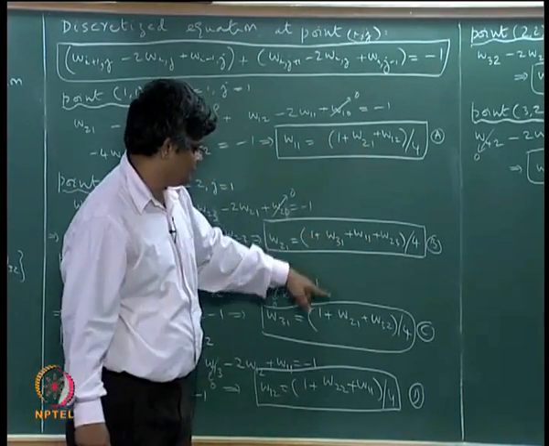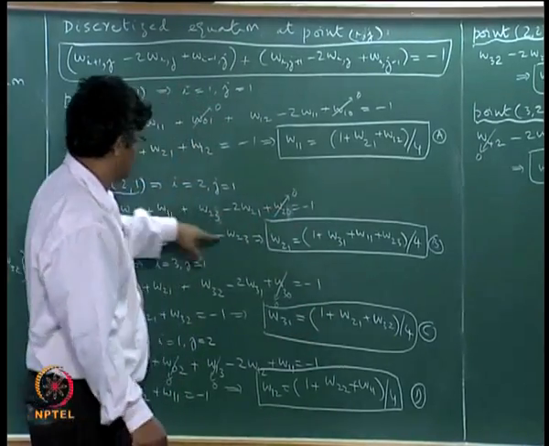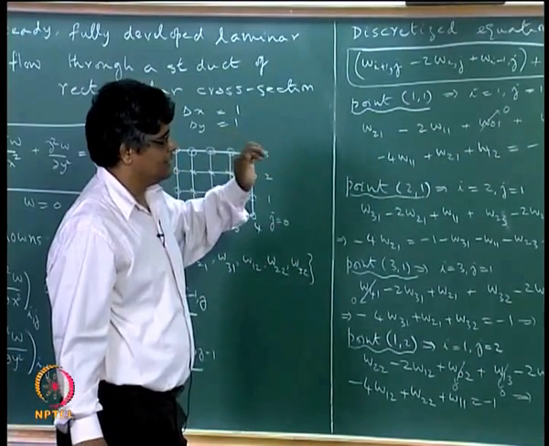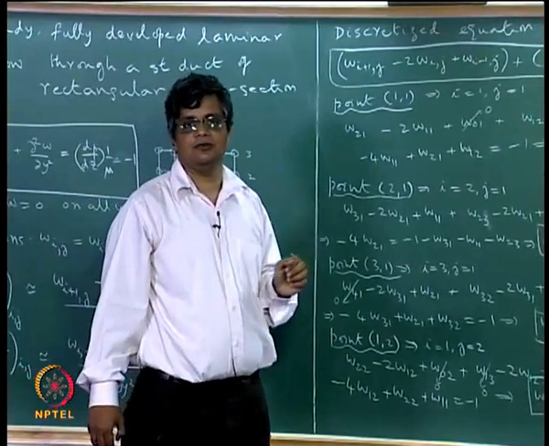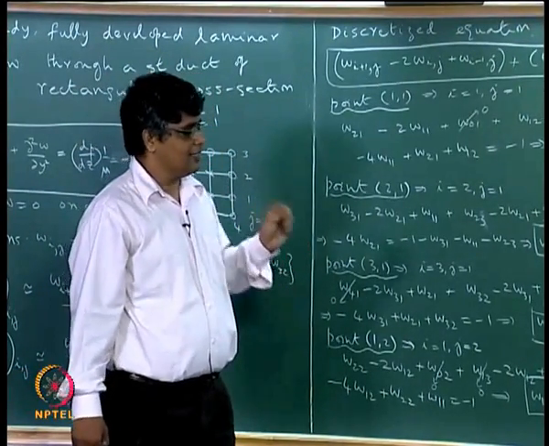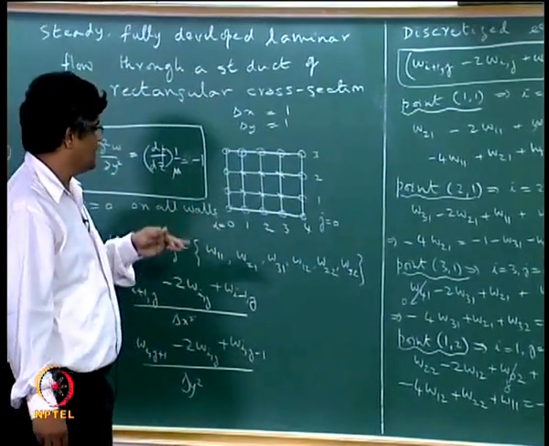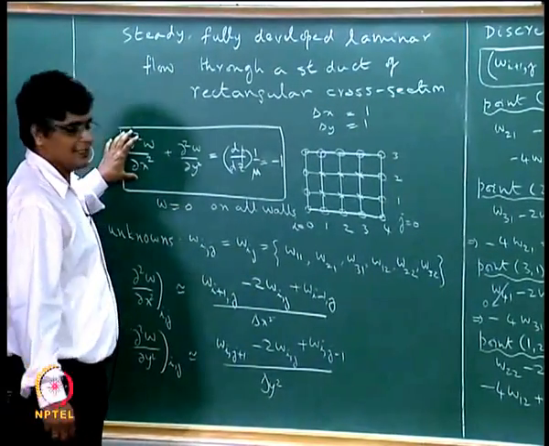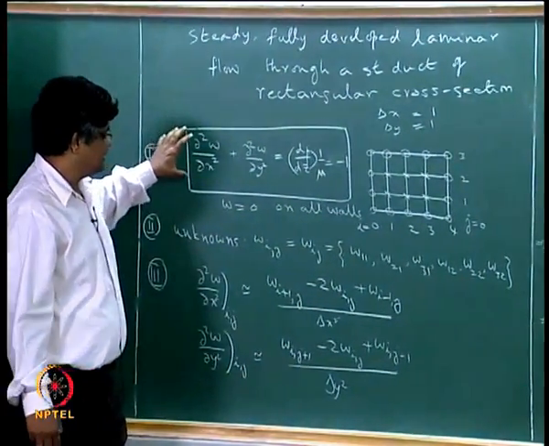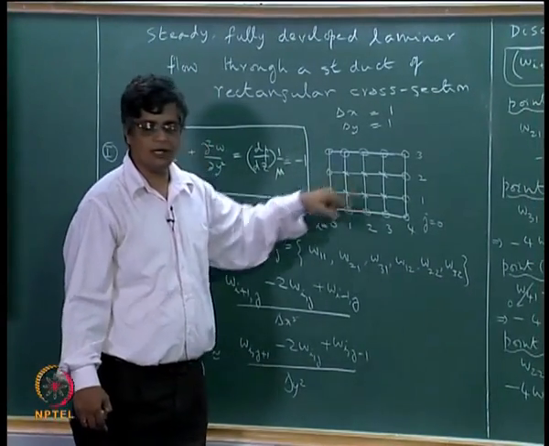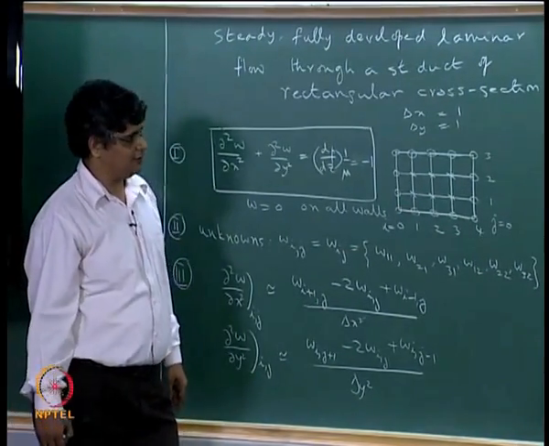All of them have a coefficient of 1 or 0 or something depending on what we have here, and we can see that we have a set of linear algebraic equations with constant coefficients which we get as a result of discretizing the governing partial differential equation at each point at which the value of the variable is to be evaluated.